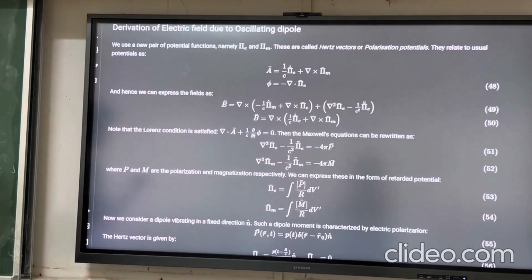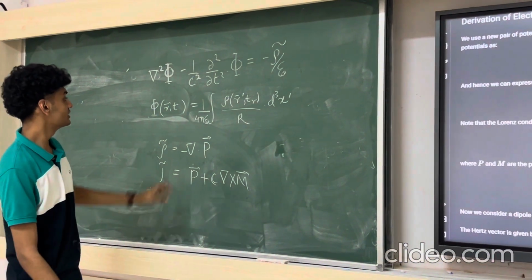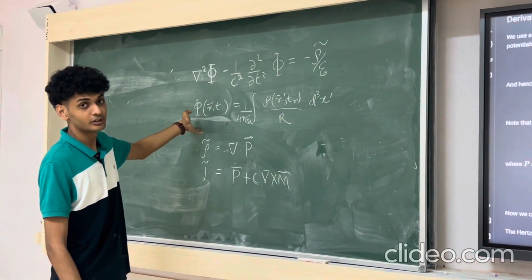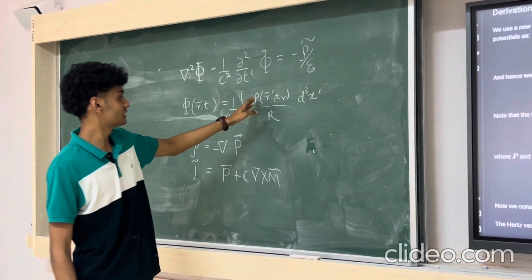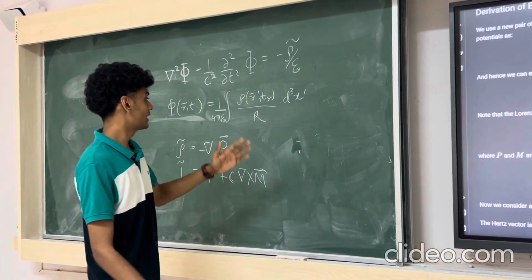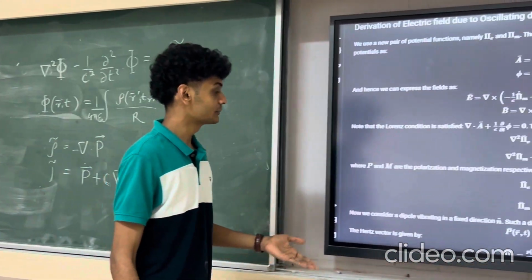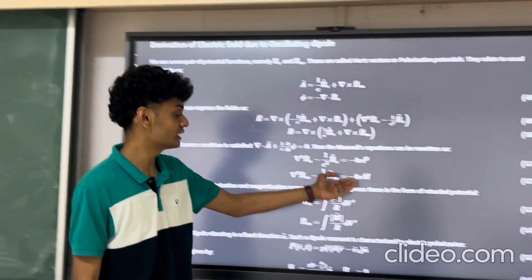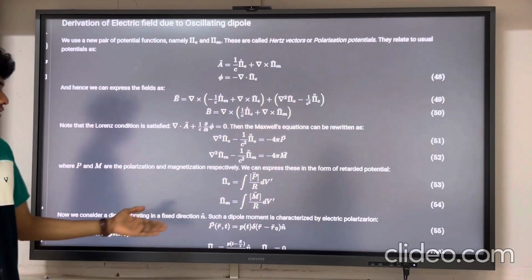And if we notice, these equations are exactly similar to the potentials for the Lorentz condition, which are something like this. And in this case, we know that the solution for the scalar potential is given by 1 by 4 pi epsilon naught times the integral of rho evaluated at the retarded time upon r, over all space. So similarly, instead of having the charge density as a source, we now have polarization and magnetization as the source.